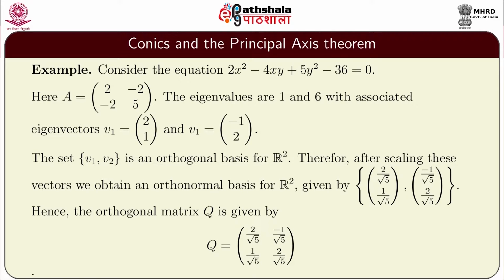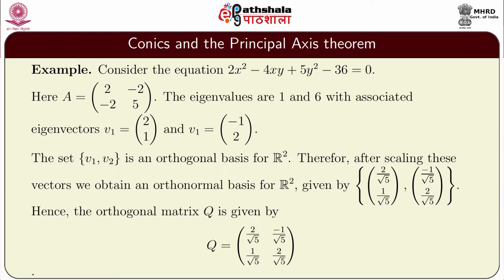Here the associated quadratic form is 2x square minus 4xy plus 5y square, and the way we have defined the associated real symmetric matrix is the matrix A, whose first row is 2 and minus 2 and the second row is minus 2, 5.